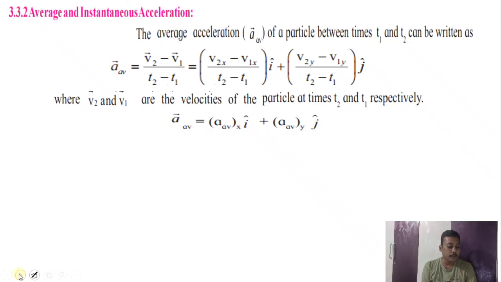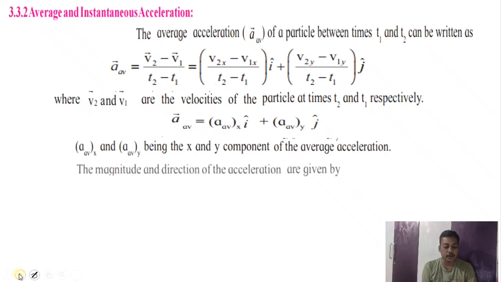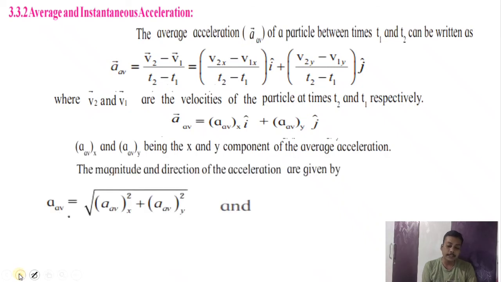Then we determine the formulas for magnitude and direction. Magnitude is the square root of the x component of average acceleration squared plus the y component squared. Tan theta is the y component of average acceleration upon the x component of average acceleration.